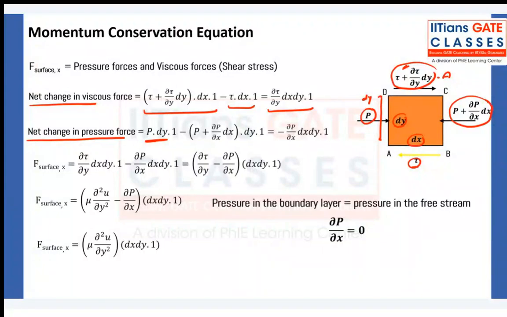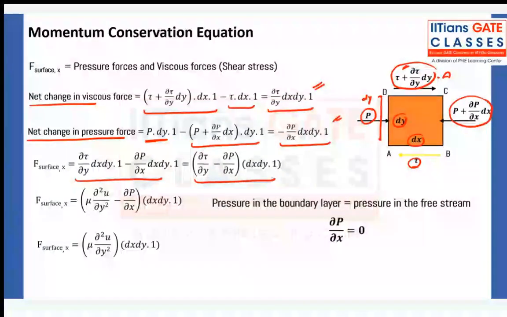Minus from the opposite direction, because it is compressive, that's why I have written it this way. And you will get minus del p by del x, dx dy 1. Simply you are going to add this and this, take this common, and you will get this.